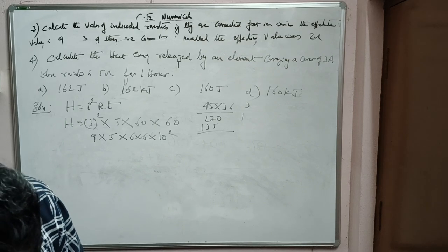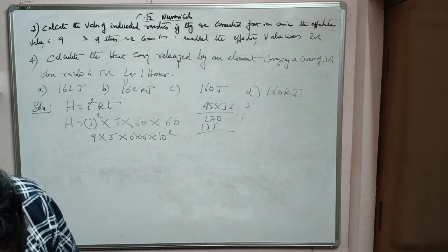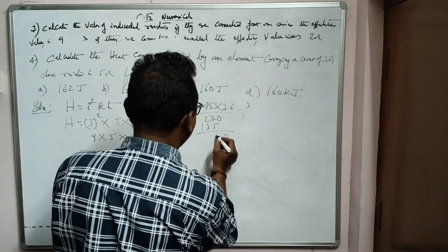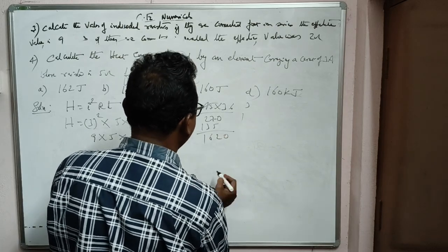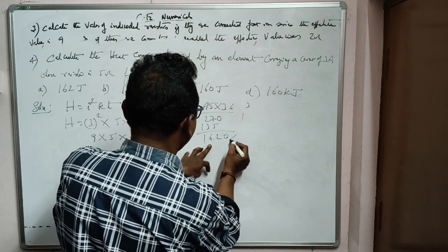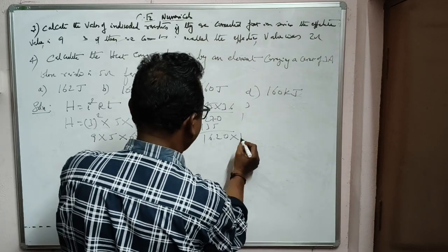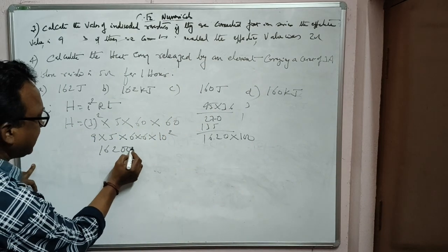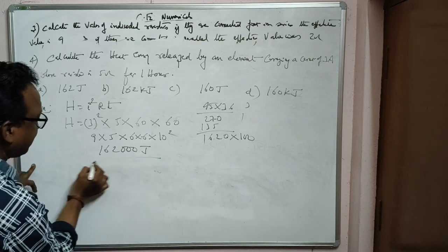3 amperes, I square. Anyhow, we are getting 162 into 10 square, that is 100. So finally we got it as 16,2000 joules, SI unit.